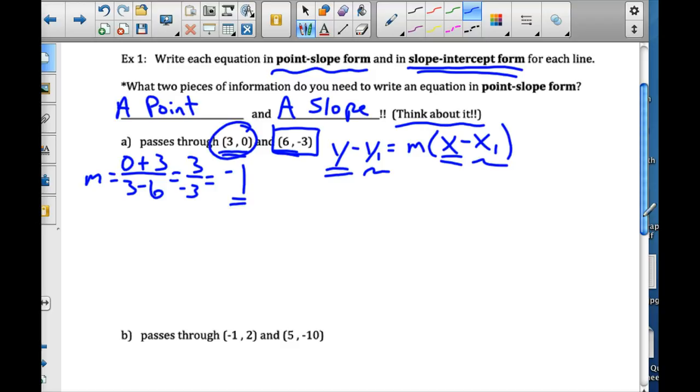This value is in the first point. Give me the point-slope form. Oh, I think you're using the second point. Somebody who used the first point. Murray used the first point. y minus 0 equals 3.